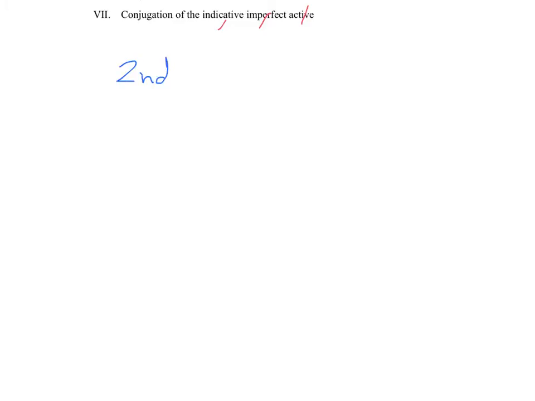Same process for the indicative imperfect active as the present and the imperative present active. You take the second principal part, drop the RE from the first and second conjugation style verbs, and then you add the sign of the imperfect, which is BA.